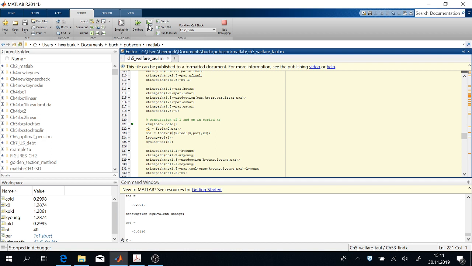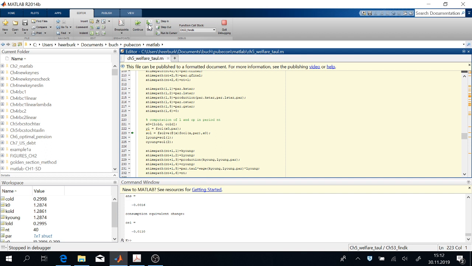So as initial guess, we can use the new steady state values, L old and C old, and solve the first order condition FOC1, where the two equilibrium conditions are stored. The first equilibrium is the first order condition with respect to labor, and the second one is the budget constraint.